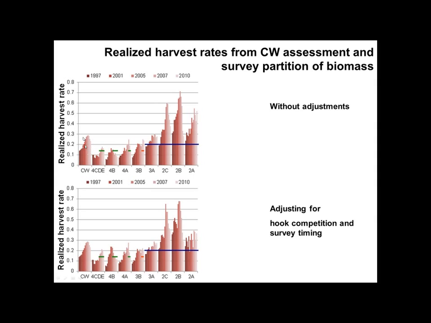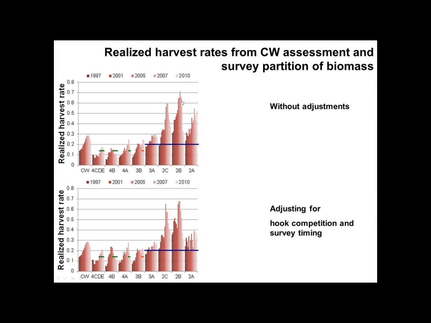Coast-wide, the implied target is close to around 0.19, and for some years it has been higher. These are all the other areas with their respective target harvest rates. A point to note, as was mentioned in previous presentations, is that particularly in area 2 there has been a large departure between realized harvest rates and target.